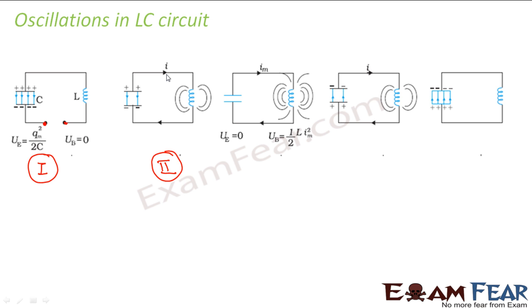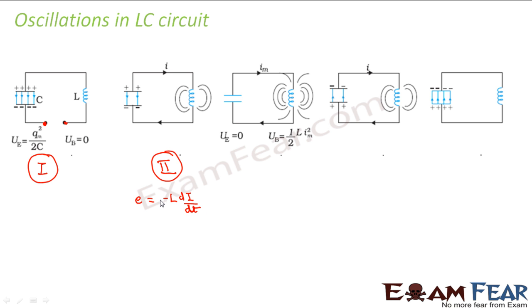Due to this change in current, since it is an alternating current, the inductor experiences a change in flux. Due to this change in flux, there will be an induced EMF in this inductor, given by minus L di by dt.